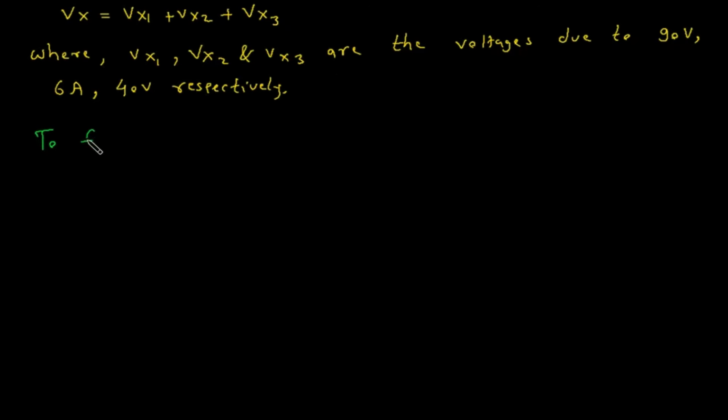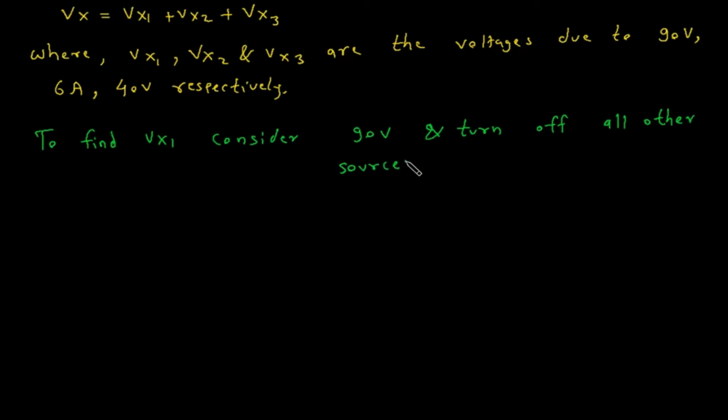To find Vx1, consider 90 volt and turn off all other independent sources.